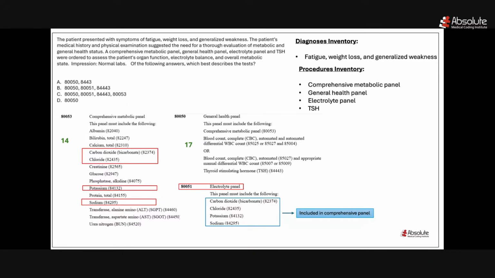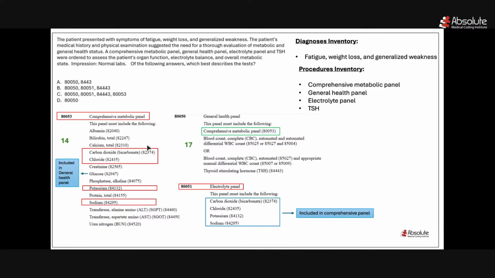Also, if you take a closer look, coders, you can see that the comprehensive metabolic panel is also included in your general health panel. Yes, this was also one of the exercises which we did in the beginning. So the comprehensive metabolic panel is overlapping with your general health panel, and the general health panel has 17 tests, right?